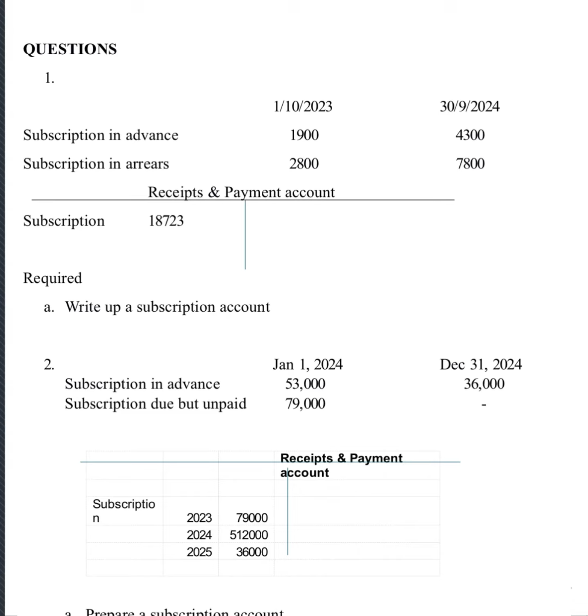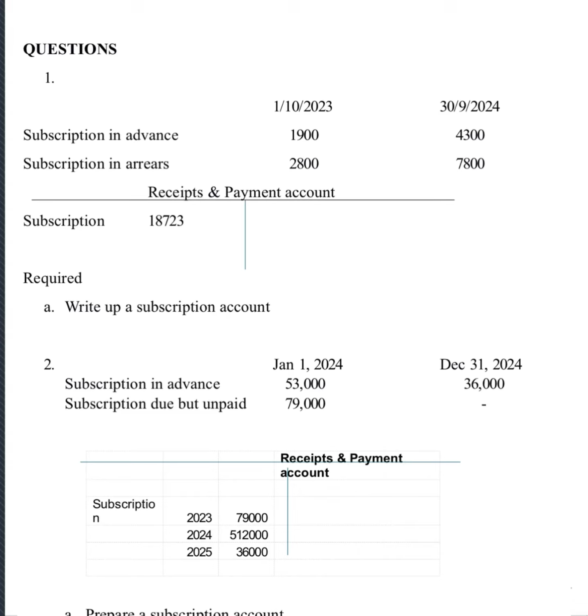With this question, we have subscription in advance, 1st October 2023, and we have 30th September 2024. That is 1 year. So we have subscription in advance, that is 1,900 at the beginning and 4,300 at the end.